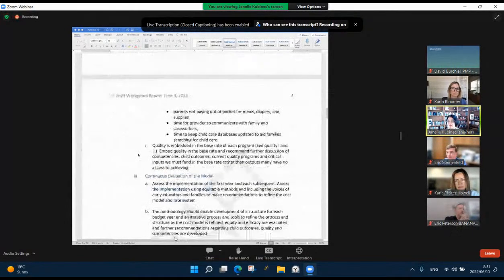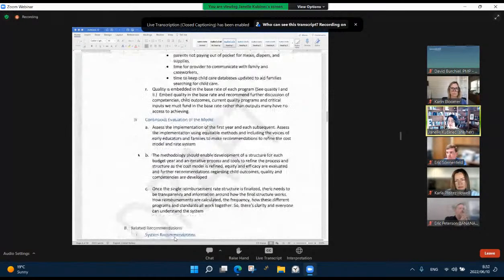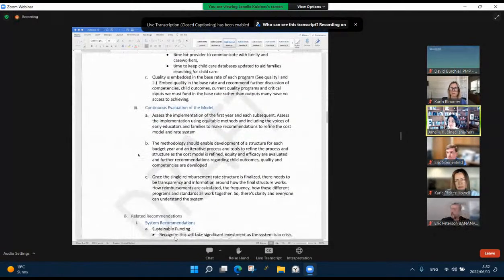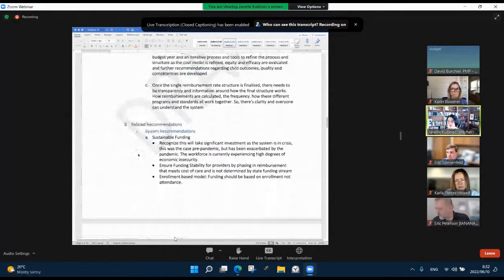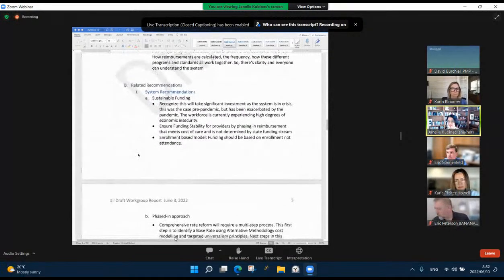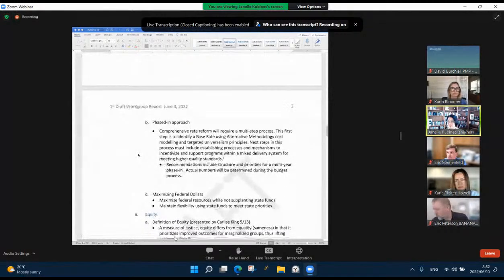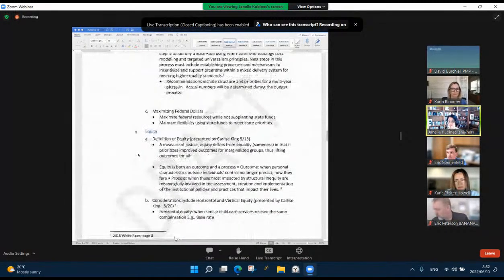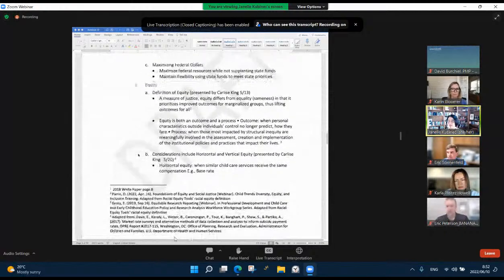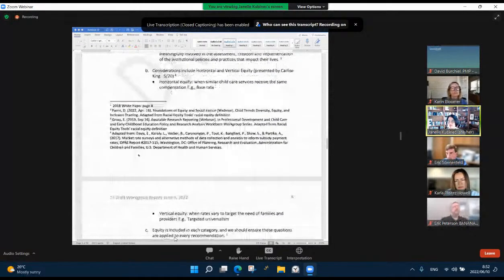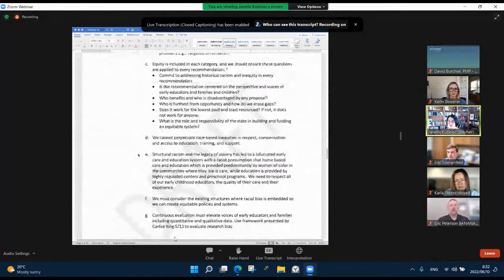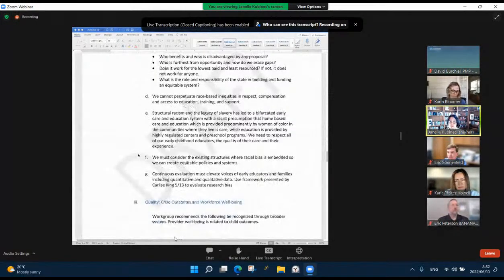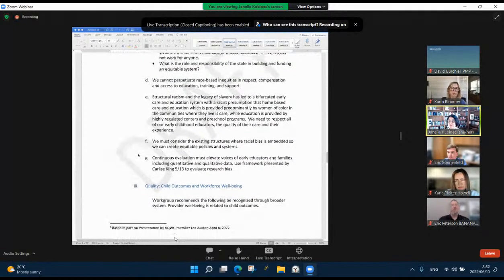And then we have as a third section making continuous evaluation of the model, and then a number of related recommendations that include both systems, and that's where we capture the sustainable funding, phased-in approach, and then equity, and being able to have a reference to equity, some definitions for what that might look like in this work, and many of the things that we heard from you in reaction and response to the presentation by Carlise.